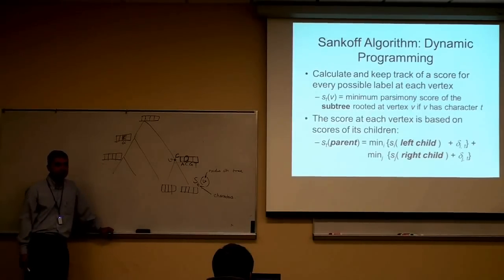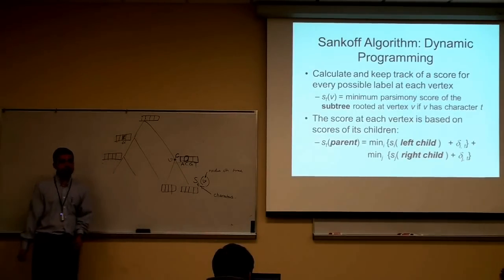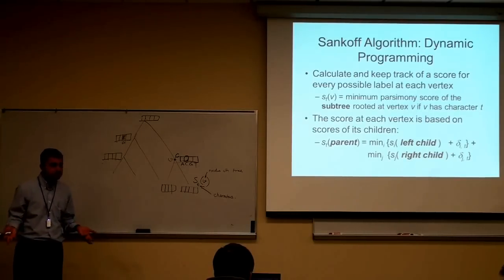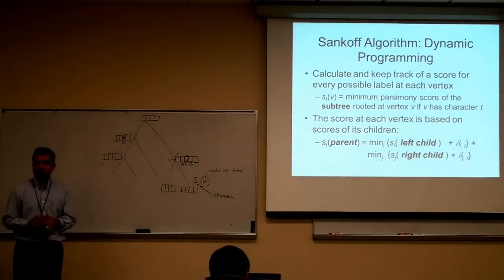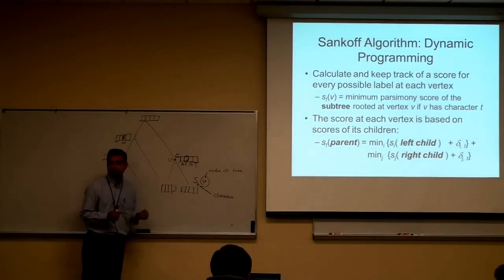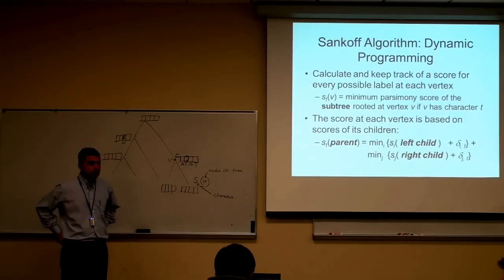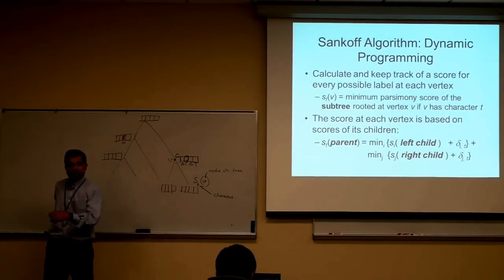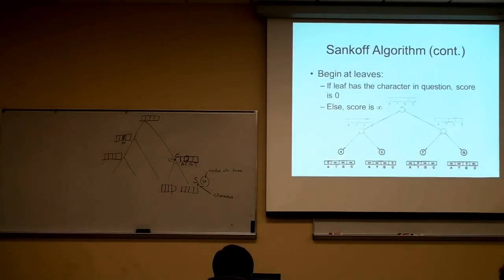Okay, so it's about the number of leaves. So the total number of cells to compute is the total number of leaves times 4. Big O of that. Right? So as long as you can compute each of these numbers in some small time, you are going to solve the problem in time that's linear in the number of species, as opposed to exponential that our naive method was.